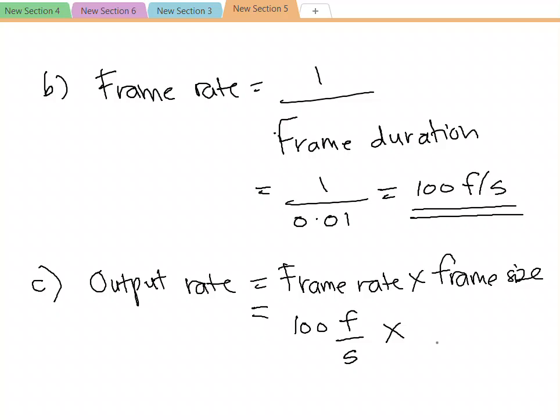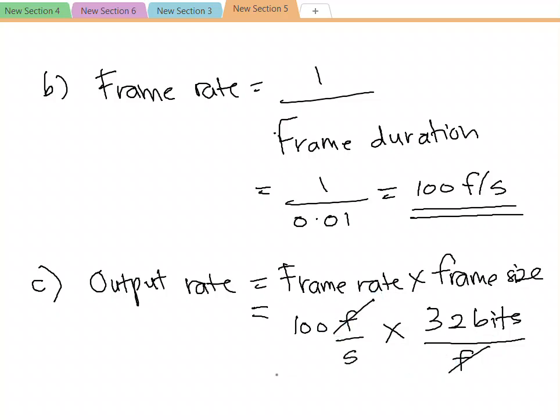Biasa output bit rate dia nak dalam bit per second. So, dalam satu frame tadi kita ada 32 bits per frame. That's why saya tulis 32 bits per frame. Then saya nak calculate.